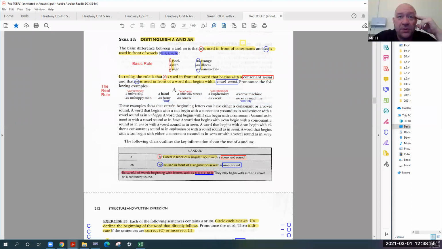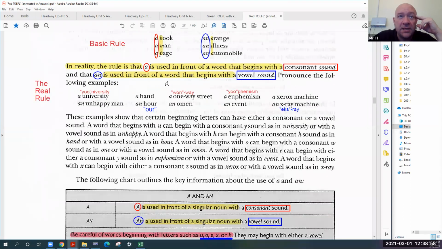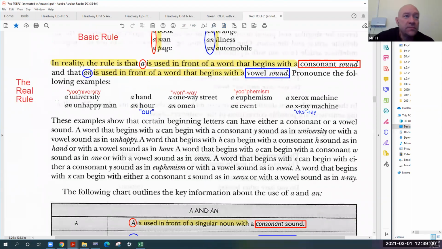So let's read some A examples. A university. See, take a look at this, guys. What's the first letter? U. So why do we say a? It's a vowel, right? What are the vowels, guys? A, E, I, O, U. So the letter is a vowel, but the sound is not.